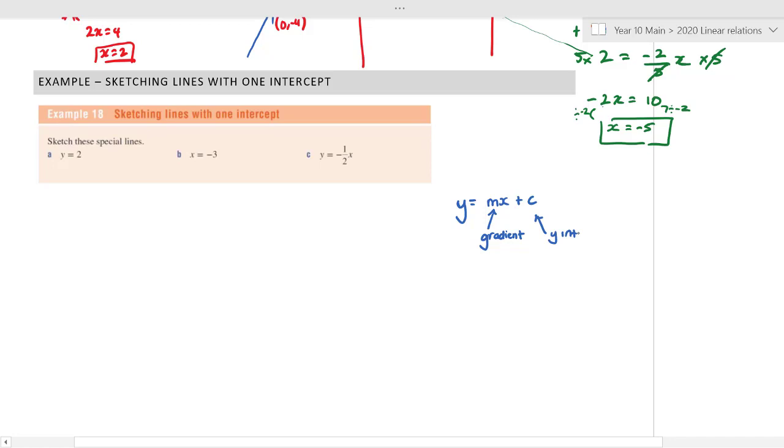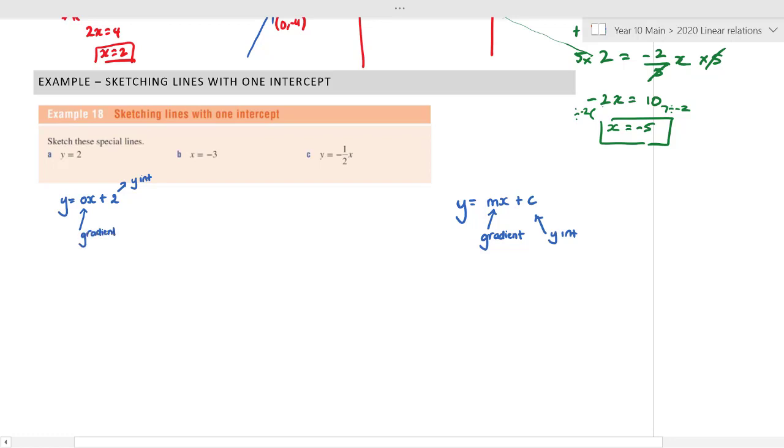Now, if I can remember that when going through these, so y equals 2, well, that's the same as saying y equals 0x plus c. Notice that would be the y-intercept. And if I wrote it out like this, then the gradient, the coefficient of x, is 0, which means the gradient is 0.